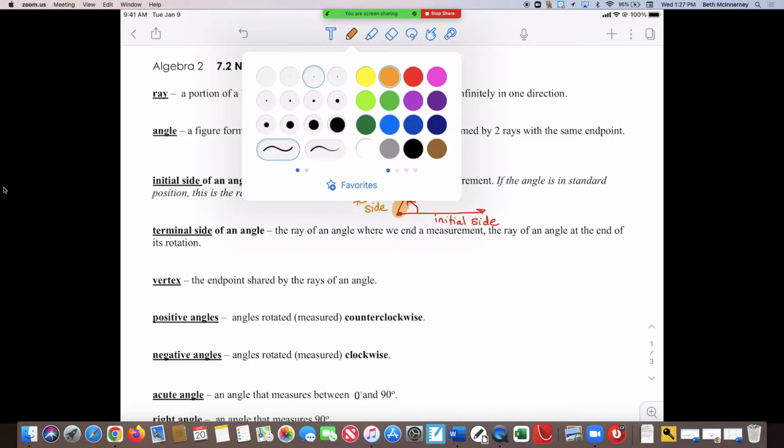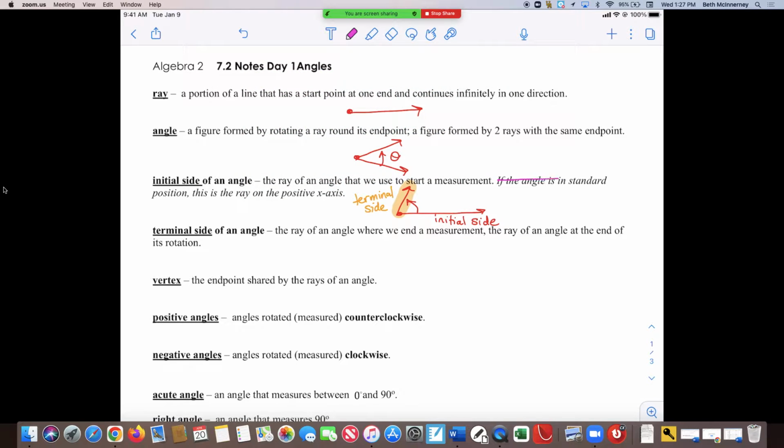So let's use our highlighters. So an angle is in standard position if the ray is the positive x-axis. The vertex is the endpoint shared by the two rays.